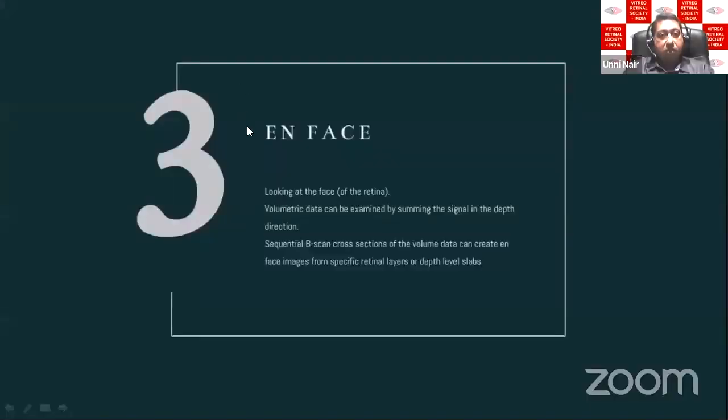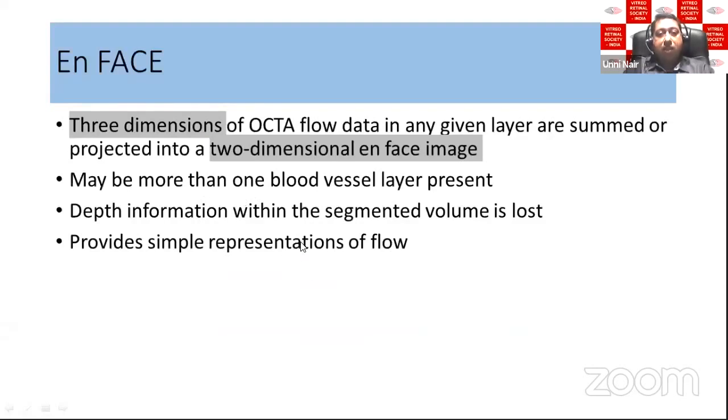How about visualization? It is the en-face, that is looking at the top of the retina from the top. What is good about it is that it's the simplest form to understand flow by looking at the top. We used to it in angiographies and all those things. The bad part of it is that you're converting all this wonderful three-dimensional data into a two-dimensional en-face image. You're superimposing blood vessel layers and you lose depth information.